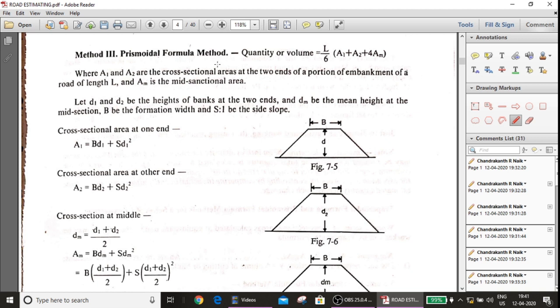So what we do here, we have the formula, the quantity or volume is equal to L by 6 into A1 plus A2 plus 4 Am. Where A1 and A2 are the cross-sectional areas at the two ends of the portion of the embankment of a road of length L, and Am is the mid-sectional area.